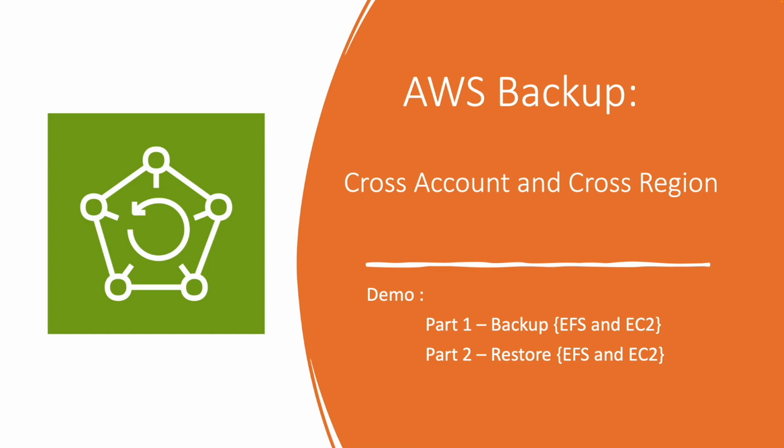We will go through all of this in the demo. Also, this demo is in two parts. The first part is only to set up the backup and configure the backup environment, and in the second part we will go through how we can restore the EC2, EBS or EFS.